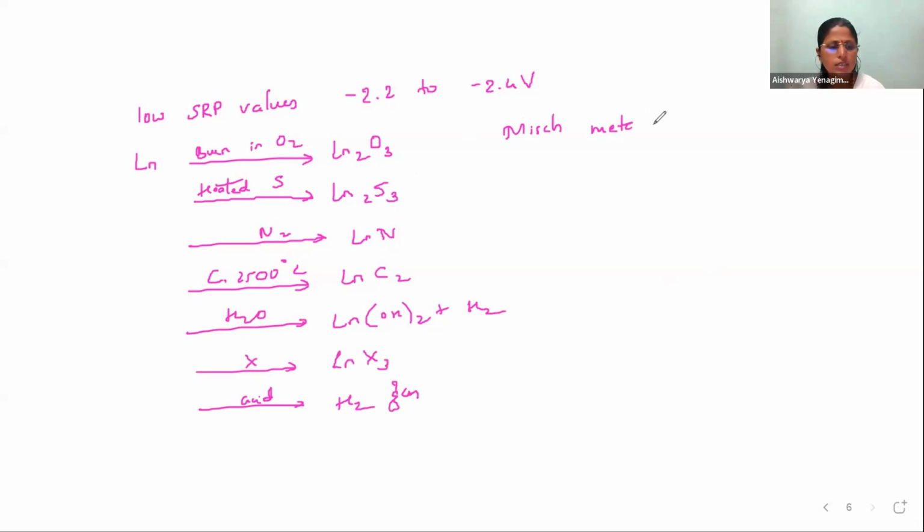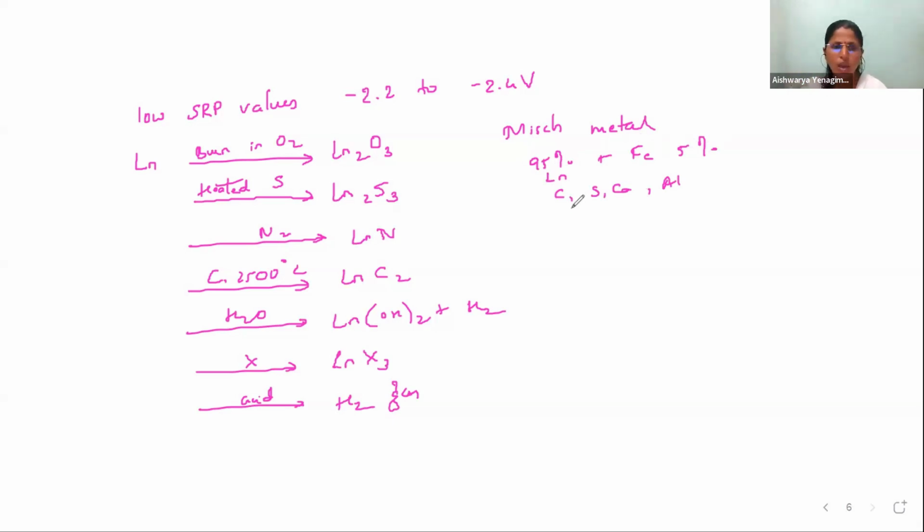Mish metal is a lanthanide metal, 95% lanthanide metal, and a mixture of iron, nearly around 5%, and traces of carbon, silicon, sulfur, calcium, and aluminum. This is the composition of mish metal. Magnesium mixed with 3% mish metal is used for making jet engine parts.